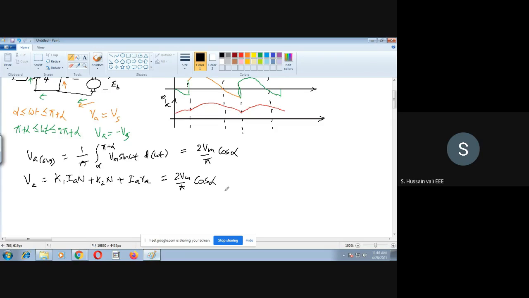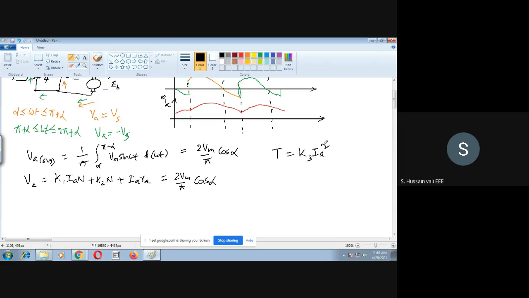How can we simplify this further? You recall the torque equation. We got the torque equation in the previous class also, so we will use it here. Just recall it, because we want to know the relationship between speed and torque. The torque equation is T equal to some constant K3 into Ia square.